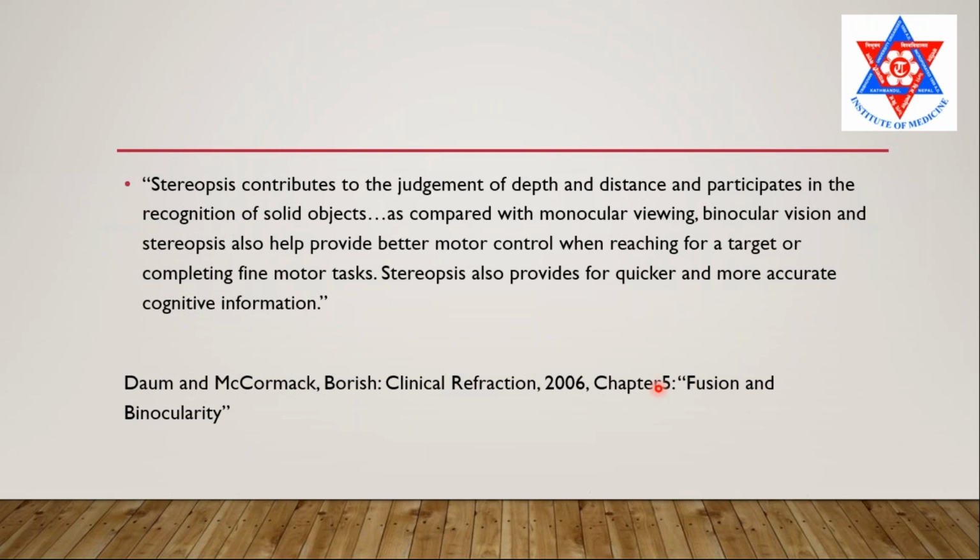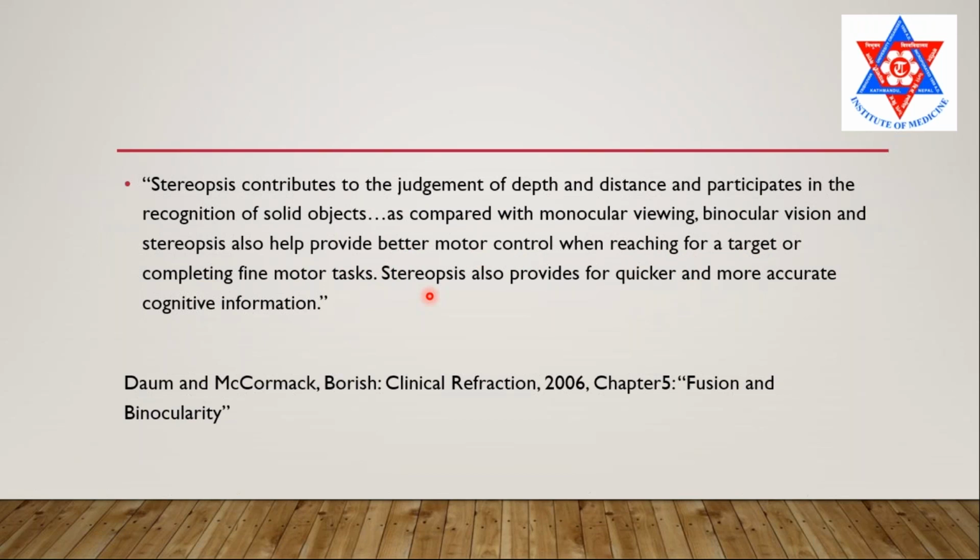in the next chapter called Fusion and Binocularity, there is a statement that stereopsis contributes to the judgment of depth and distance and participates in the recognition of solid objects as compared with monocular viewing. Binocular vision and stereopsis also help to provide motor control when reaching for the target or completing fine motor tasks, and it also provides quicker and more accurate cognitive information.